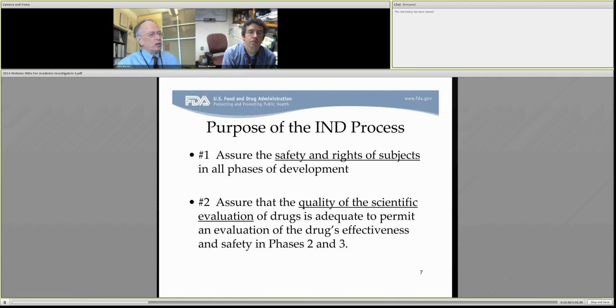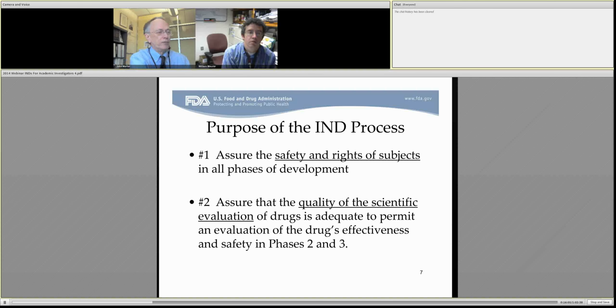If you're doing a larger study, a phase 2 trial, then the second purpose of the IND process is we want to be sure of the scientific quality of what you're doing, because if we approve a study or don't make comments on a study and it goes forward and someone later submits it to get approval to sell the drug, and then we say, well, there was this problem, then we look bad that we hadn't mentioned it earlier.